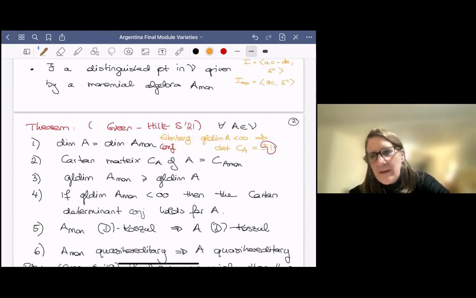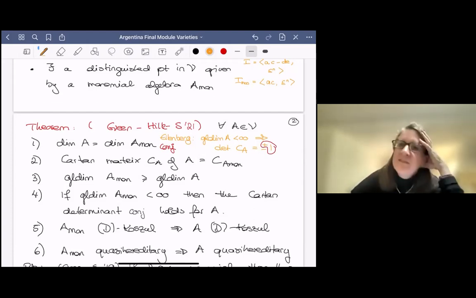But I guess one could consider it for infinite dimension. Well, I think it makes a lot of sense for infinite dimensional algebras. Because then you probably have entries in your matrix which are infinity.